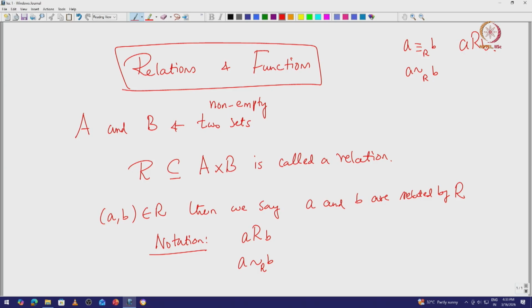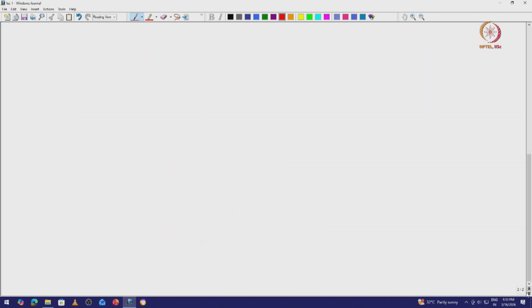Okay. So, very broadly speaking, a relation is a subset of A cross B, and we say that R is a relation over A if A equal to B. So, we can talk about relation between elements of capital A. So, now a relation can have many interesting properties.